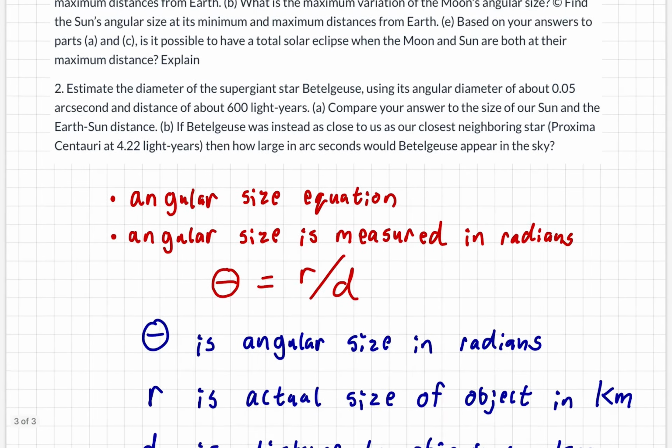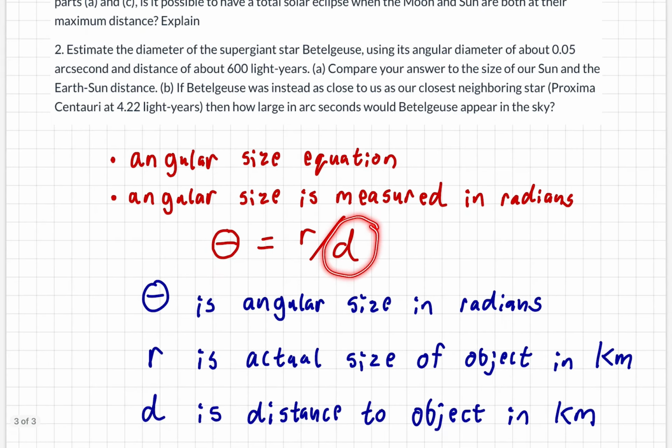Which makes sense in this equation because that's when D is smallest. When you're dividing by a smaller distance, you're going to get a larger angular size, which also makes intuitive sense because when something is closer to you, it appears bigger, which is to say it has a larger angular size, because that apparent size is what angular size is. It's how much of your vision that object takes up, in a sense.